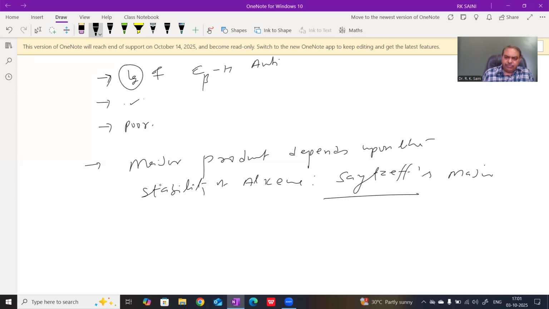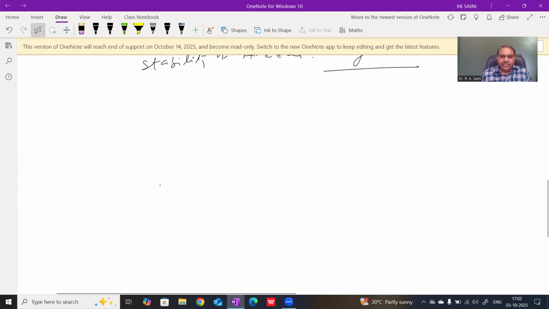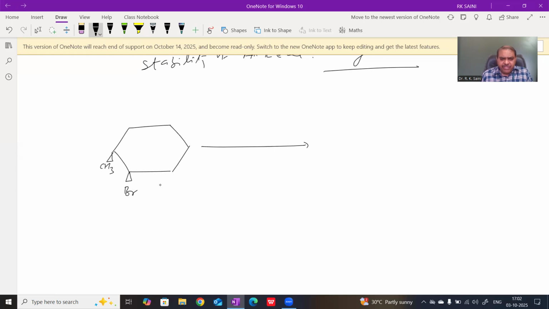For example, a cyclic secondary alkyl halide, this cyclic alkyl halide with CH3 and Br, is treated with alcoholic KOH.